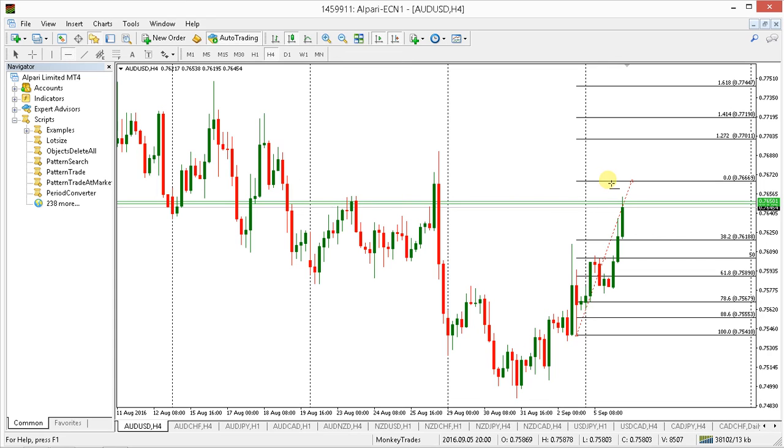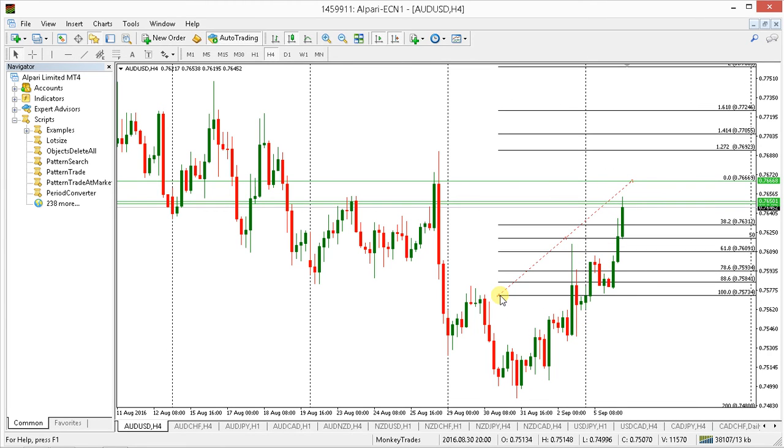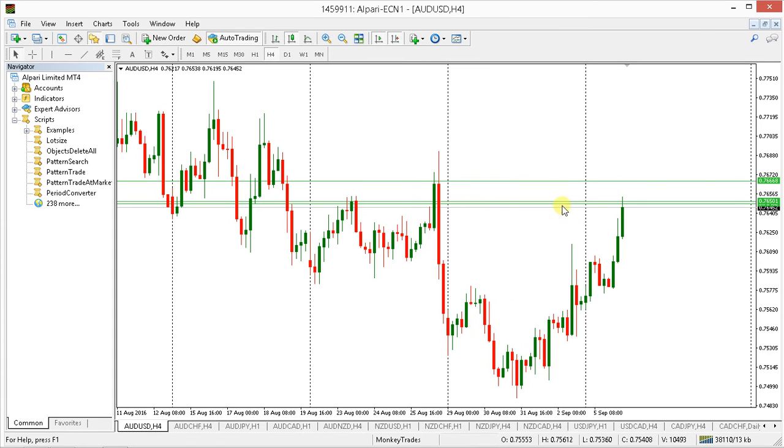XABCD. So you see the range of that is here. You see this? My stop loss is double spread above X. Why am I using double? Because it is a bear pattern. You need a spread because of the ask price. It's not seen on the chart, but it is higher than the bid price.